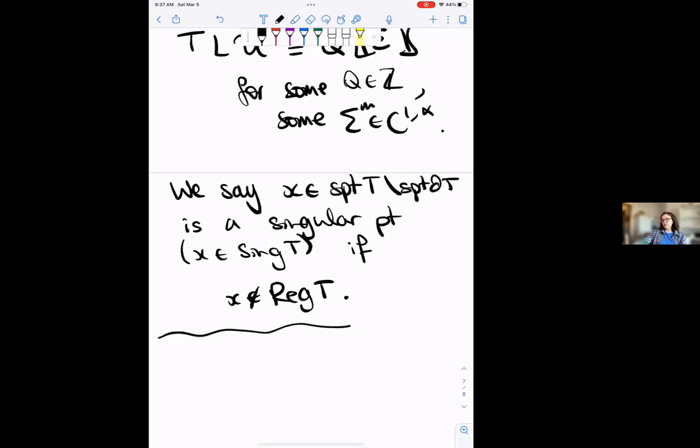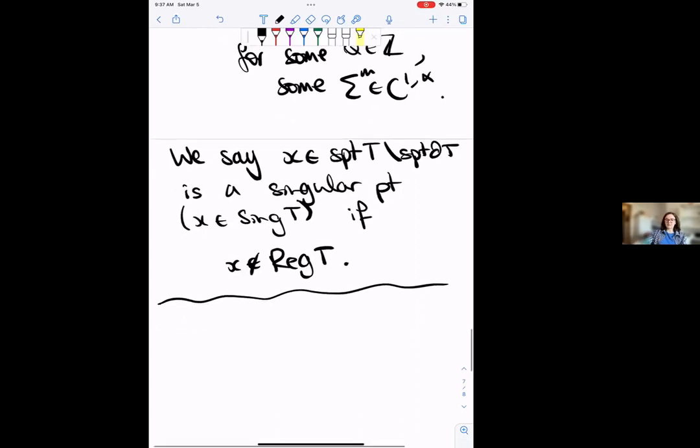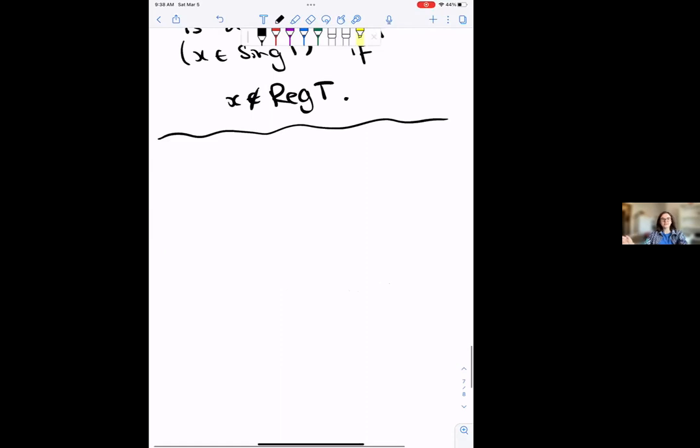Okay, so what are some examples of area minimizers with singularities? Well, of course, probably the most well-known one in codimension 1 is Simon's cone.